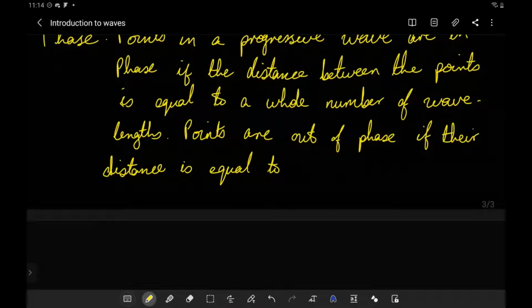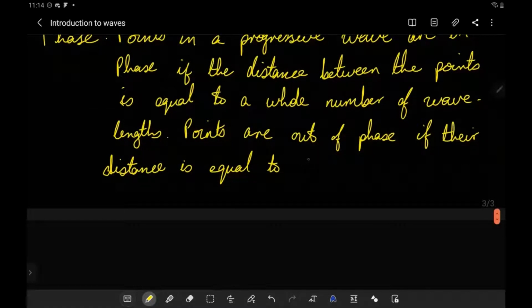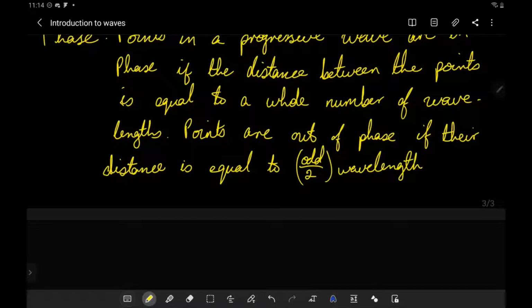So a half of a wavelength, 3/2 of a wavelength, or 1.5 wavelengths, 5/2 of a wavelength, and so on. So it's like an odd number over 2 wavelengths. Again, we will see what these things mean.